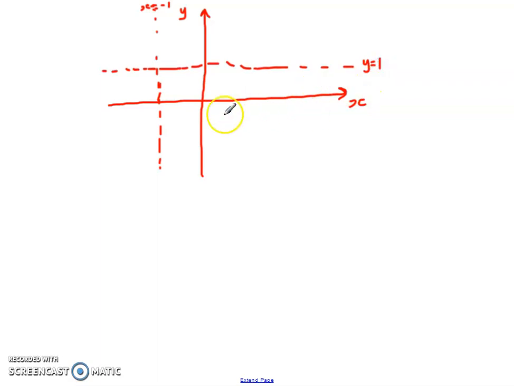So I know I've got that. I've got a turning point here at the origin, as we just calculated, and I know the general shape of it is it's going to be concave up. Now remember our function f of x, what we had was that was equal to 1 minus 2 over x plus 1 plus 1 over x plus 1 squared.